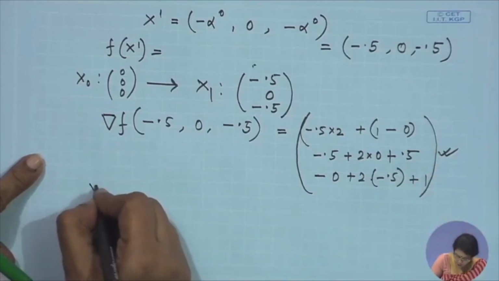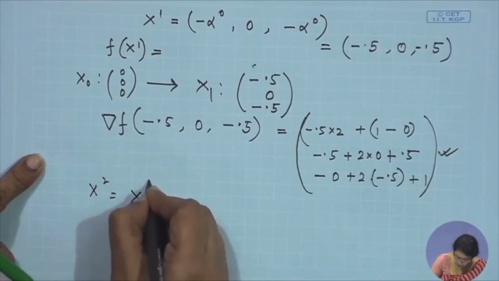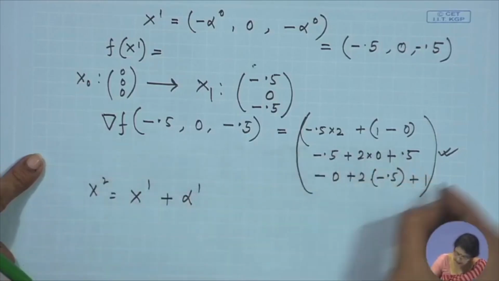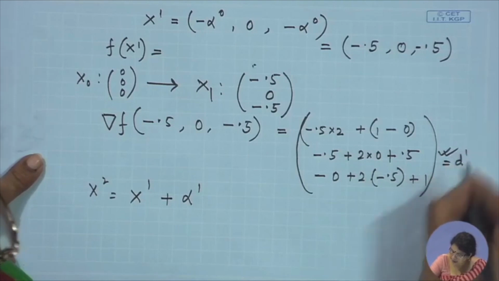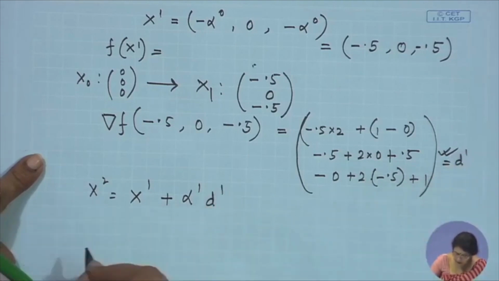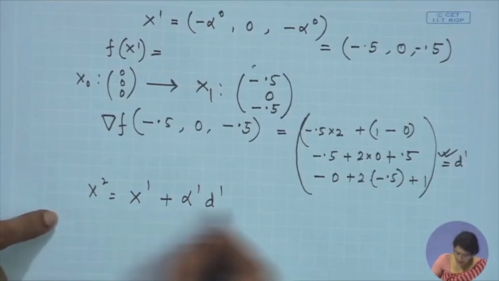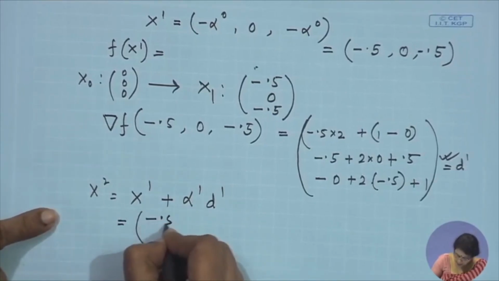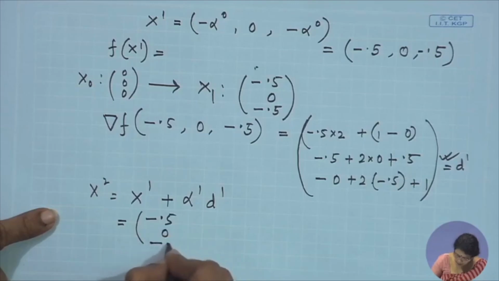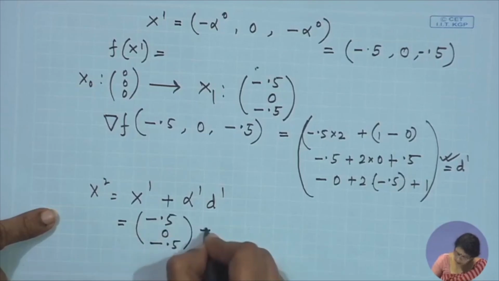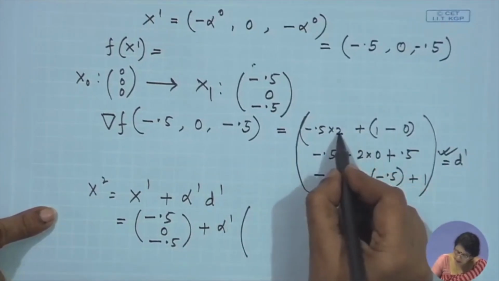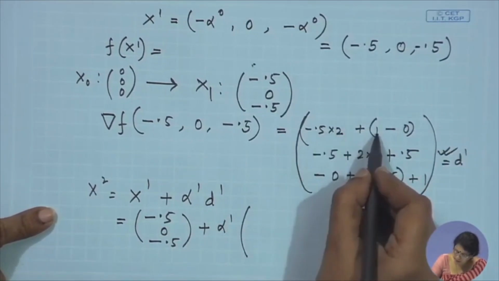Then my x 2 would be x 1 plus alpha 1, and this is the gradient direction. If I consider it as d 1, then this would be d 1, and it will again become the value minus 0.5, 0 minus 0.5 plus alpha 1 plus this value. How much is coming? Minus 1 plus 1, 0?